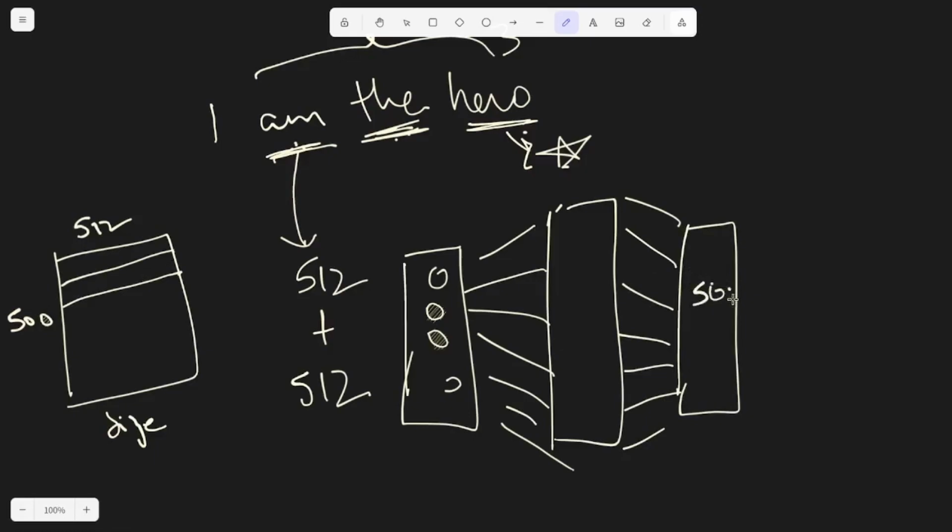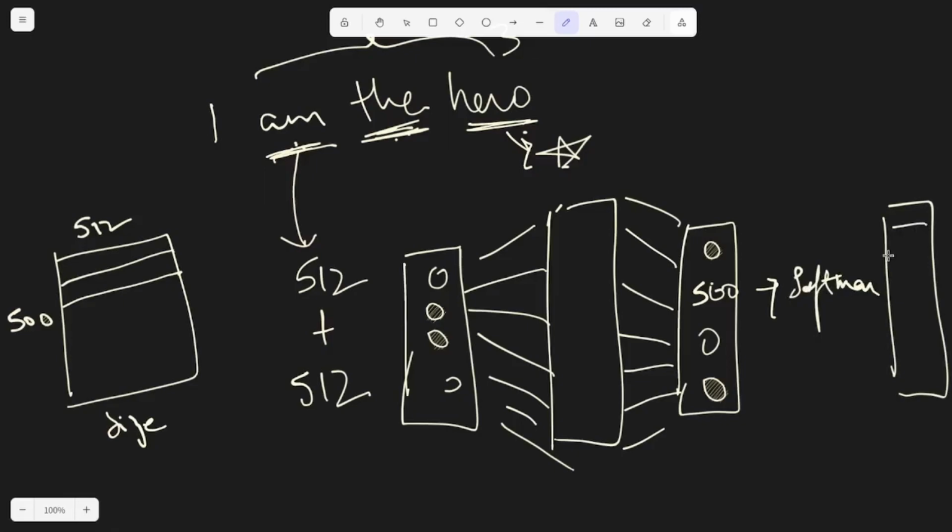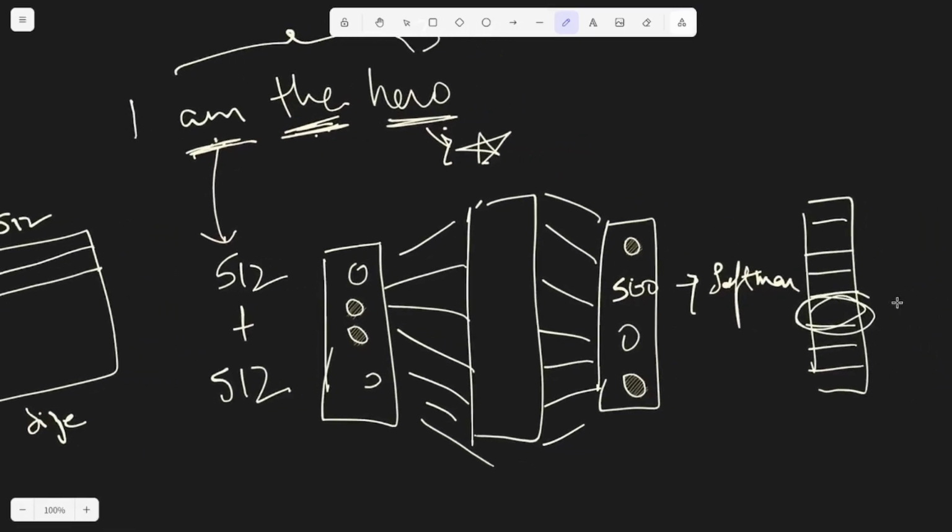So you have a vector of size 1 by 500, and you pass it through a softmax, which gives you the probabilities of each position, and somewhere in here lies our target word "hero". You then calculate the loss and backpropagate, and this way you go through one example after another until you get through the whole corpus.